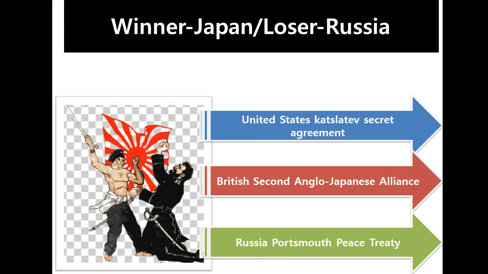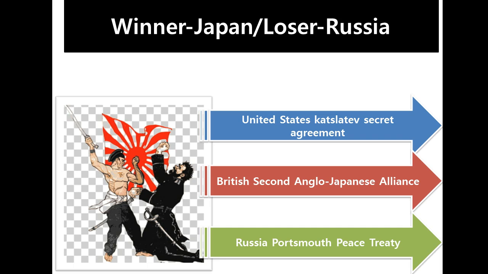England and the USA admitted Japan's claim over Korea because Japan won against Russia. They admitted it by, for example, the United States having the Katsura-Taft secret agreement, and Britain the second Anglo-Japanese Alliance.